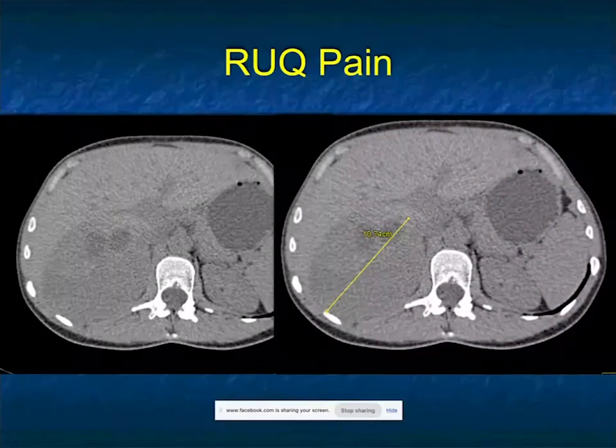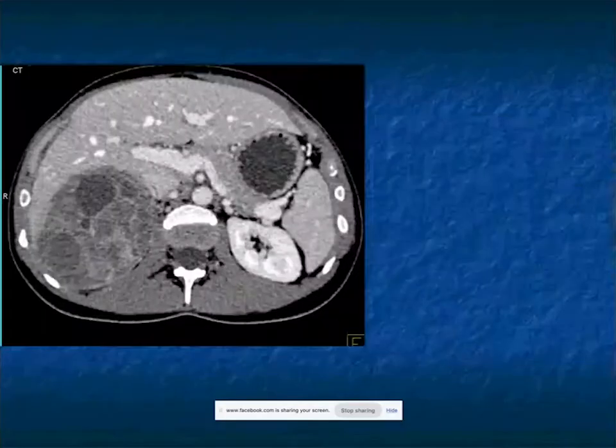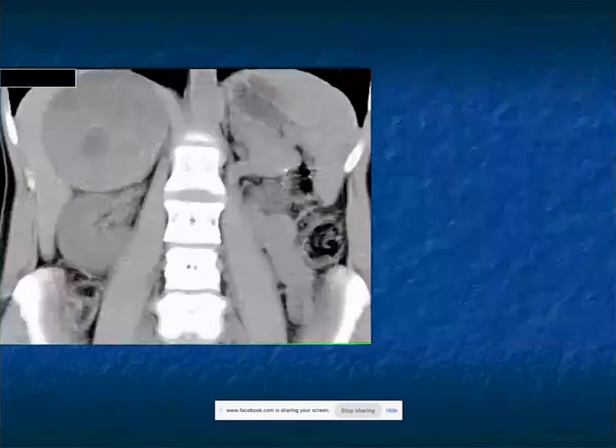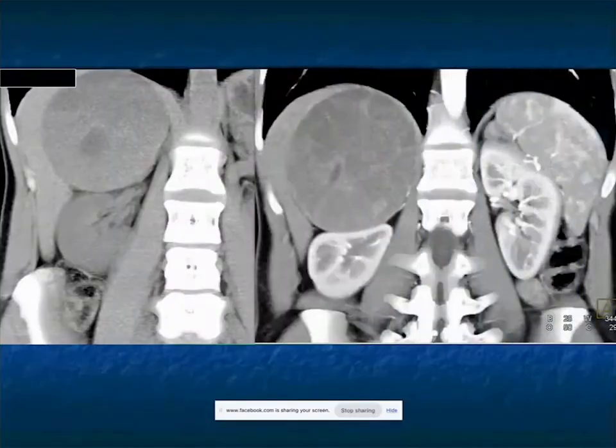On this scan, it could be kidney, could be adrenal, could be anything. Here it is enhancing, and this is an adrenal lesion. It's enhancing, it's cystic, and it's solid. Obviously easier to tell on the coronals where it's arising from. So what are we thinking about? It's a large mass.